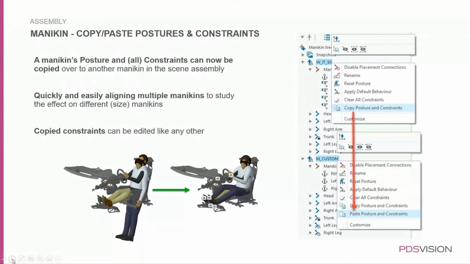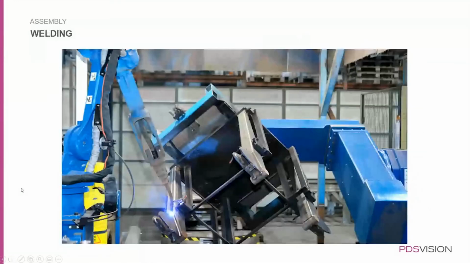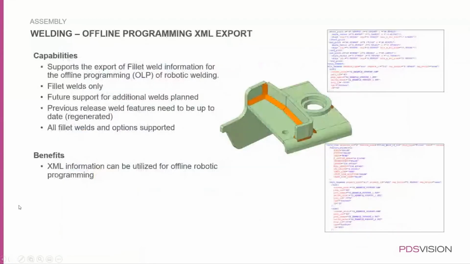So you have a faster manipulation of the mannequins, resulting in this. And then one of the final things, the welding has been enhanced a bit as well. What we have is offline programming for especially fillet welds. It has been quite popular for people to try to create paths for the welding robots to do the welding.